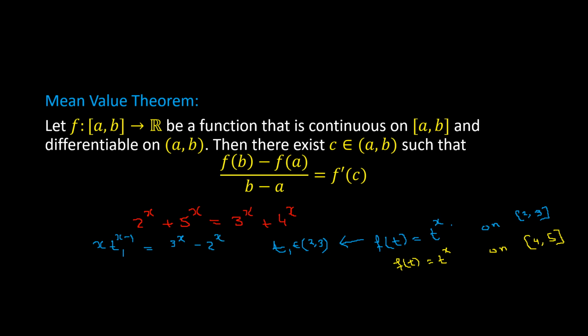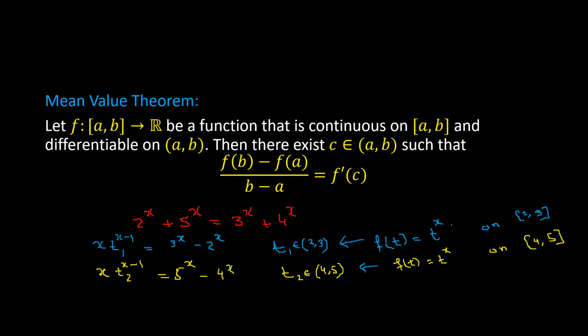And similarly there exists some number, let's say that number is t2, that belongs to 4 comma 5, which satisfies that the derivative at t2 of this function, t raised to power x, which makes x times t2 raised to power x minus 1, will be equal to 5 raised to power x minus 4 raised to power x.